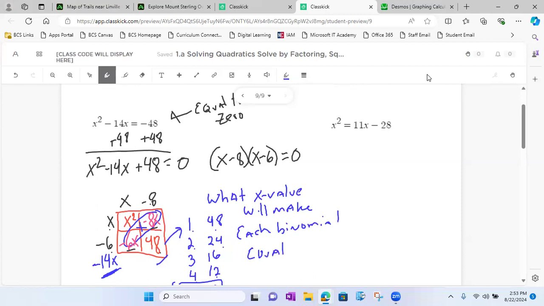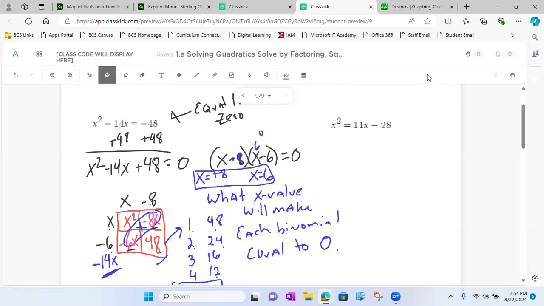Well, I know that if I put a positive 8 right here, 8 minus 8 will give me 0. So that means one of our answers would be x equals a positive 8. And I know if I put a 6 right here, 6 minus 6 will give me a 0. So one of the answers must also be 6. So I'm going to say x equals 8 and x equals 6.